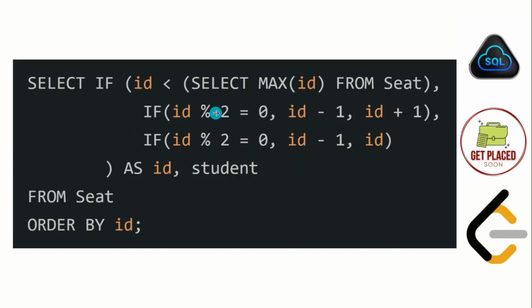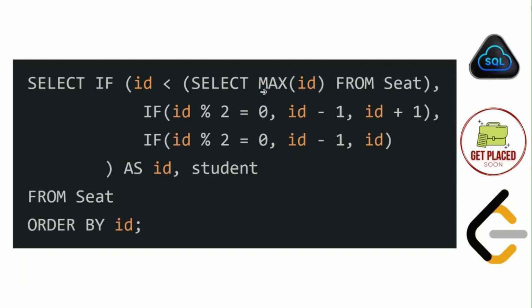If the ID is even, we are supposed to swap. What is the swapping for even? It becomes the previous odd, so id minus 1. If the ID is not even, then we do id plus 1 to get the next even. This condition is only applied when the ID is less than the maximum.